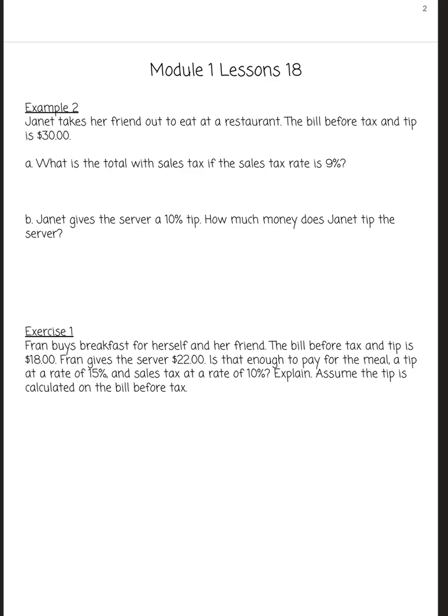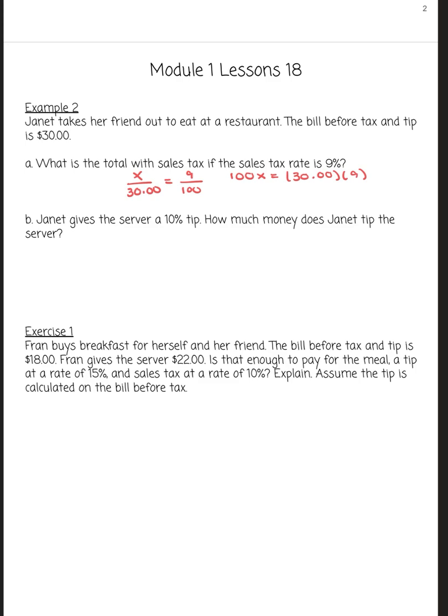The first part we want to figure out is the sales tax. We know that her check before tax and tips is $30. We know that the sales tax is 9%, and that is out of 100. So we have 100x is equal to 30 times 9.